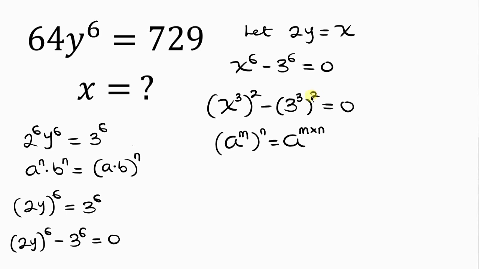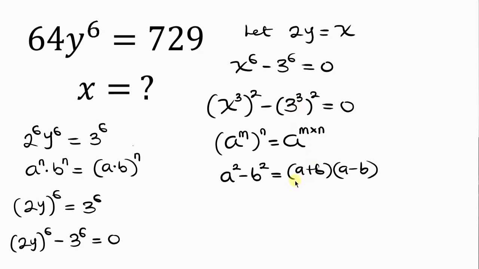Our next step will be for us to apply the property of difference of two squares, which says when I have a squared minus b squared, this is equal to a plus b times a minus b. So let's apply this property to what we have here. By comparison, you notice that a is the same as x cubed and b is the same as 3 cubed.